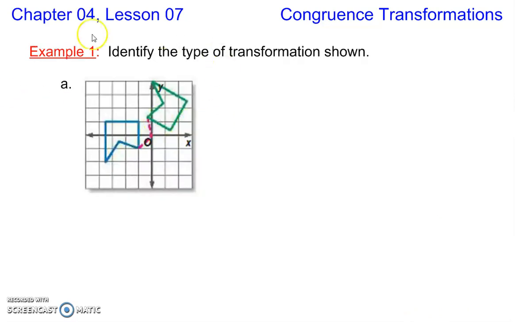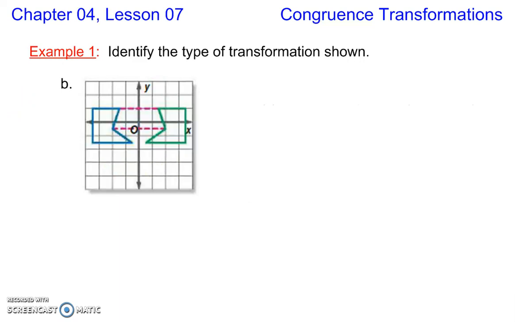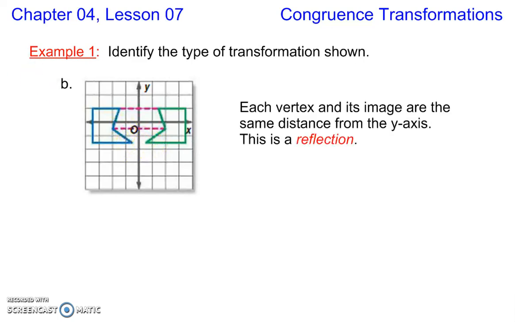All right. So identify the type of transformation shown. Notice it's rotating about that point right there, about the origin. So this is a rotation. Looking at this transformation right here, notice these points both point inwards. So this is a reflection.